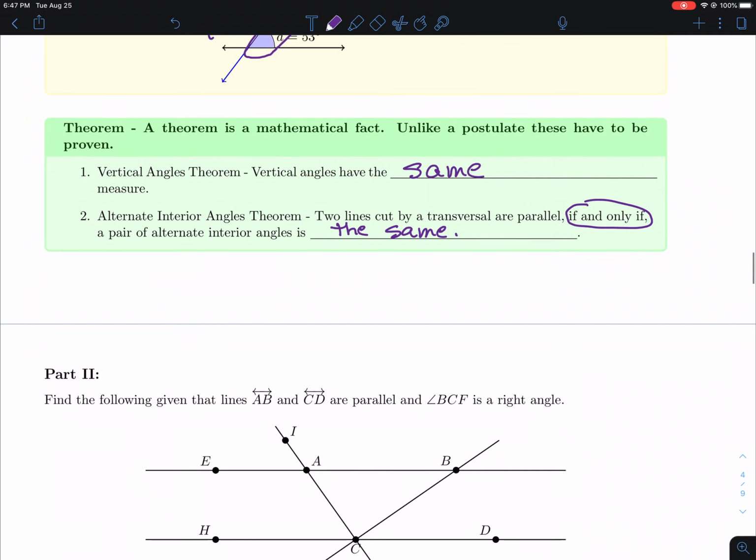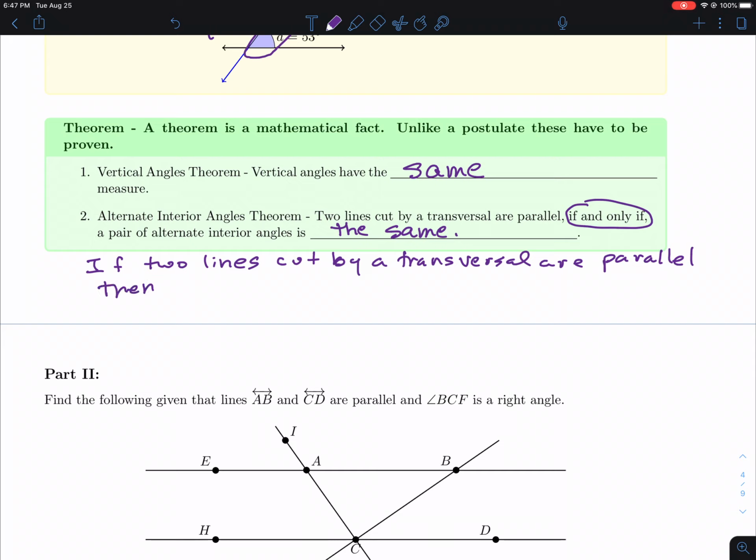So it could be written as: if two lines cut by a transversal are parallel, then the pair of alternate interior angles is the same.